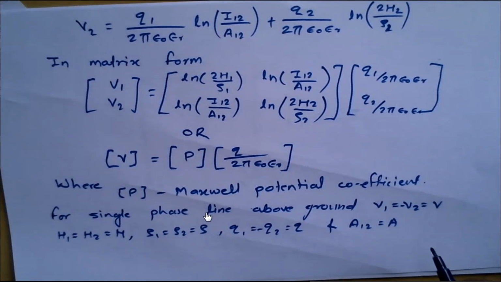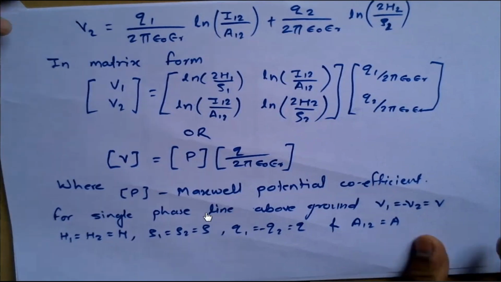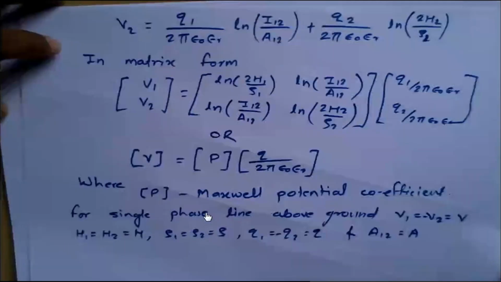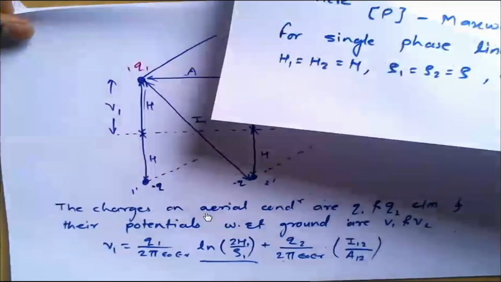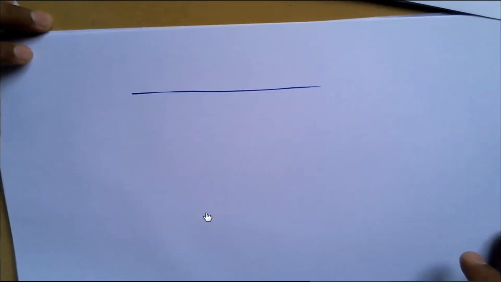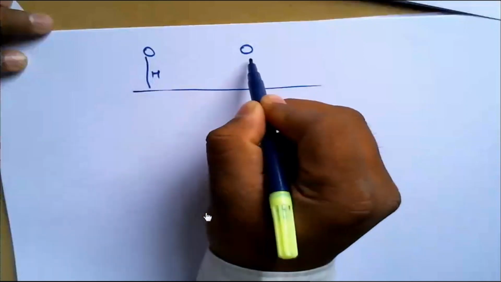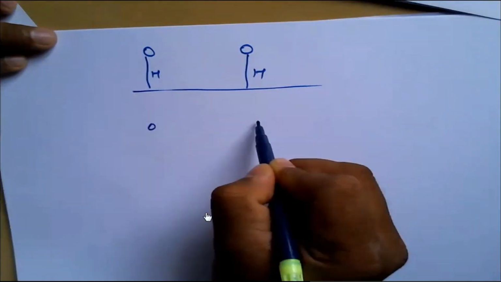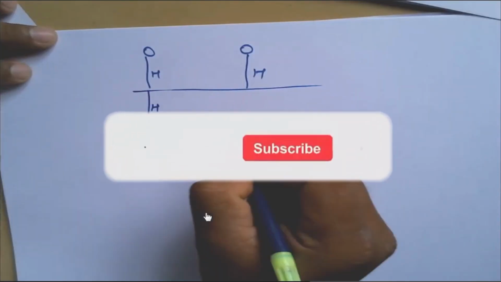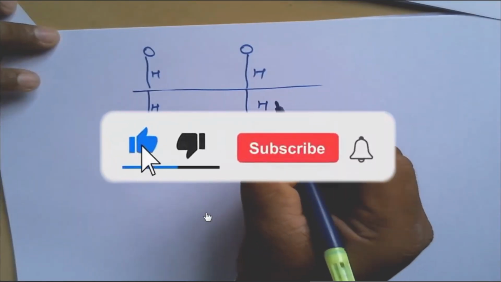So if we did some such type of consideration, तर या केस मध्ये काय होईल, I will redraw the diagram for this particular consideration. आपण म्हणूयात की हे ग्राउंड आहे, this is conductor 1, conductor 2, it is at a height h, this is also h, again its image below the ground which is at a height h, this is also at a height h.